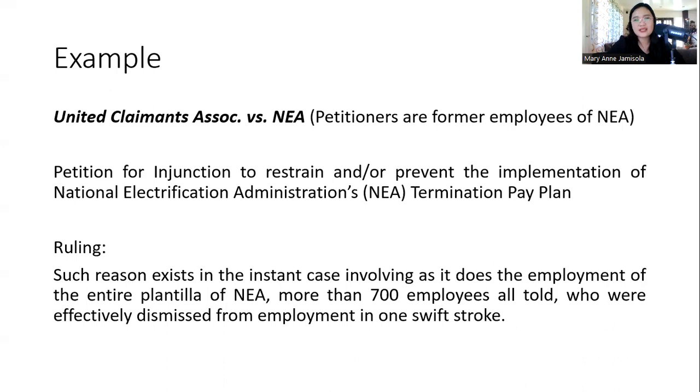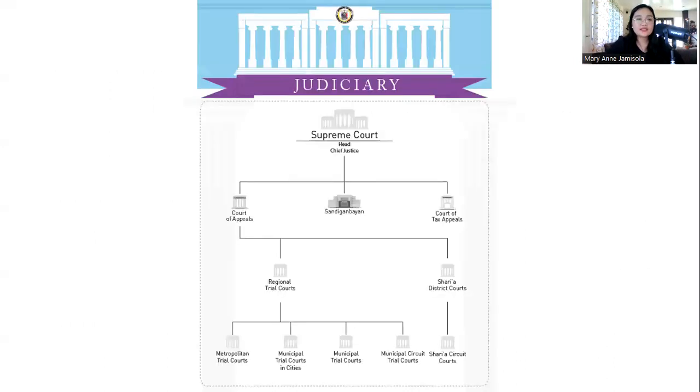So daghan kaayo sila. So naay compelling reason for this petition to be filed directly sa Supreme Court. So instead of filing the petition for injunction in the regional trial court, ni-shortcut sila padung na dito sa Supreme Court. So it is allowed. Okay, it is allowed because it falls under the exception to the rule nga kailangan moagi jud sa kinaubsan.